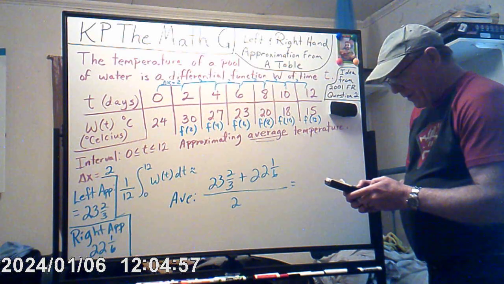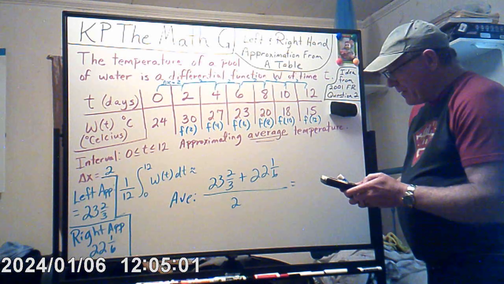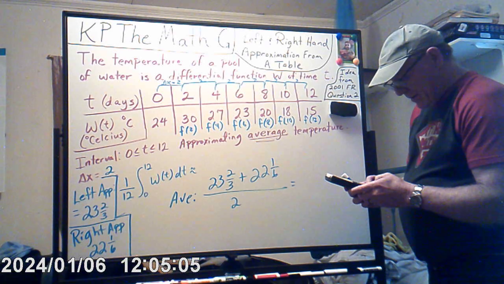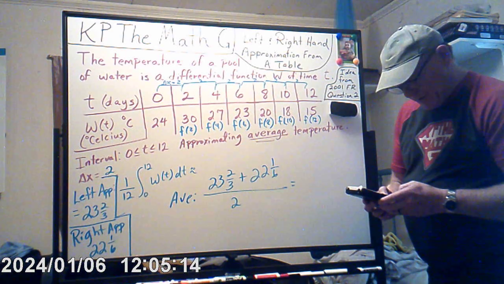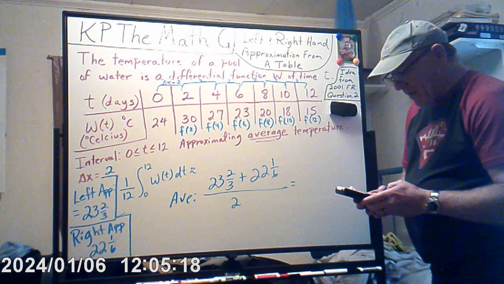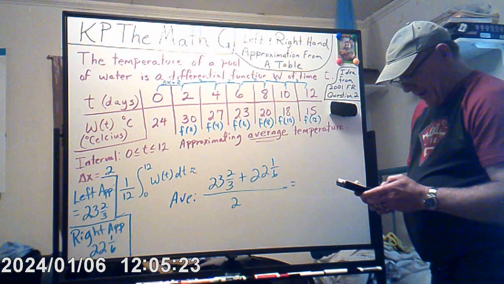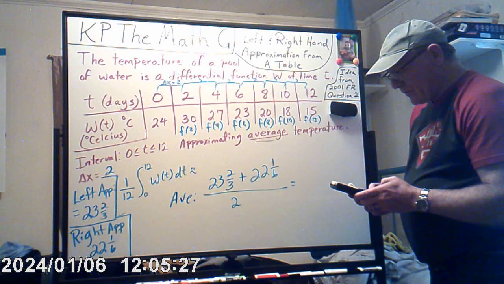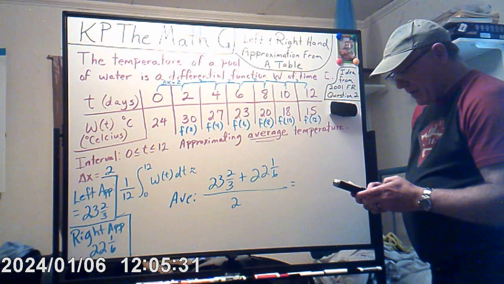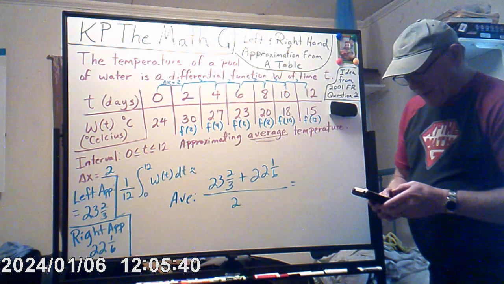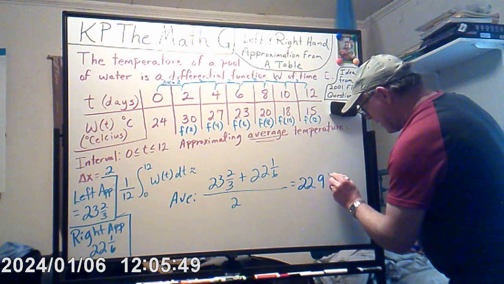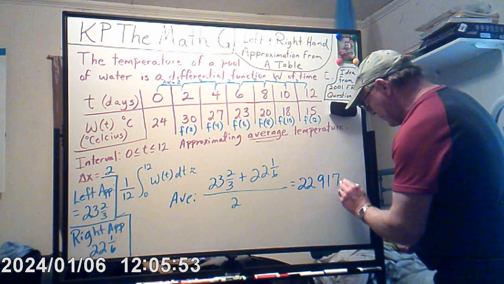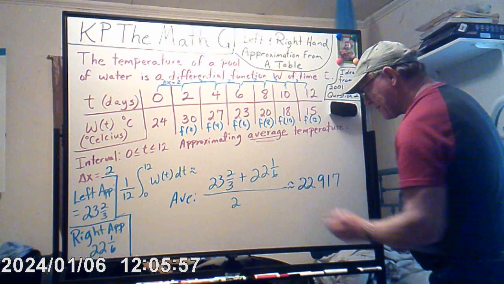Let's see. I'm getting 22.916. Okay, that's about equal to 22.916 repeating, so you can do 7 there if you want to.